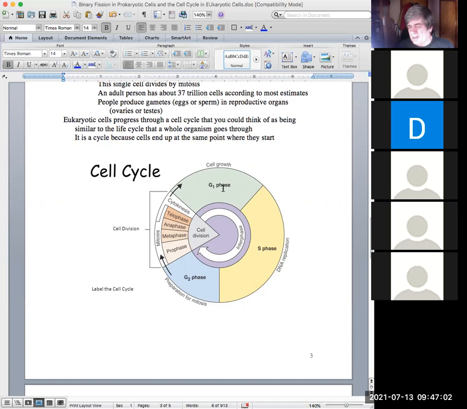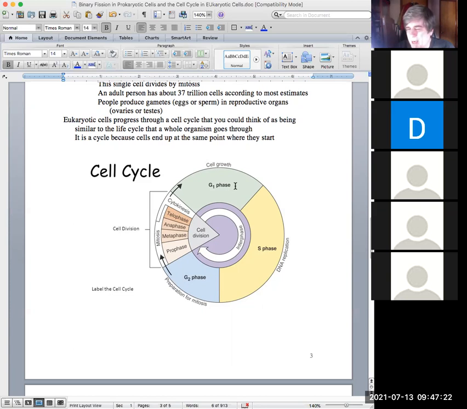Now, a couple of things happen during G1. One of the main things that happens is cells do their normal activities. So if we're talking about cardiac muscle cells in your heart, they're contracting and they're pumping blood.